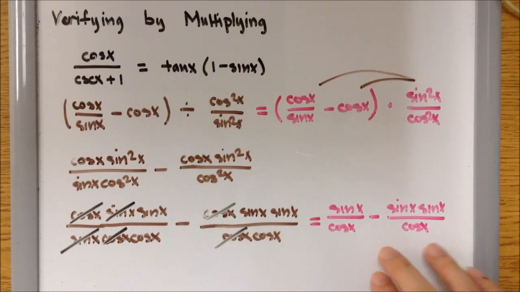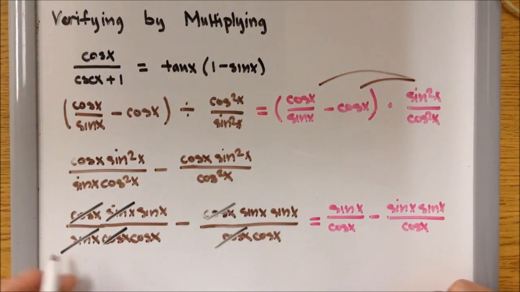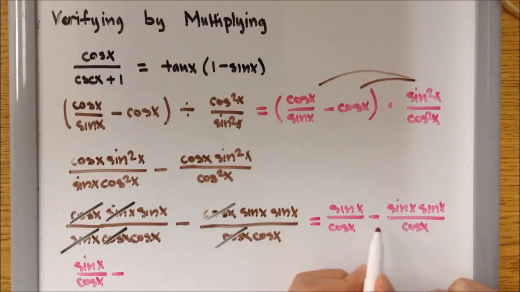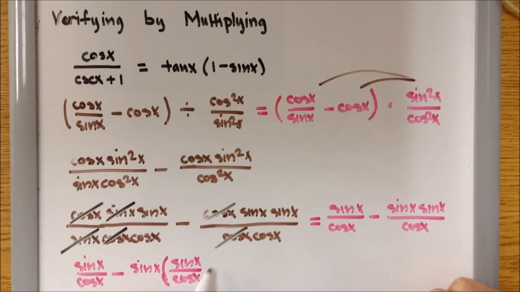Now this part, I can rewrite it, factor out the sine x, and then have one fraction left. So my first fraction still stays the same, sine x over cosine x, minus, so I'm going to factor out the sine x. When I do that, inside my parentheses, what I have left will be sine x over cosine x.